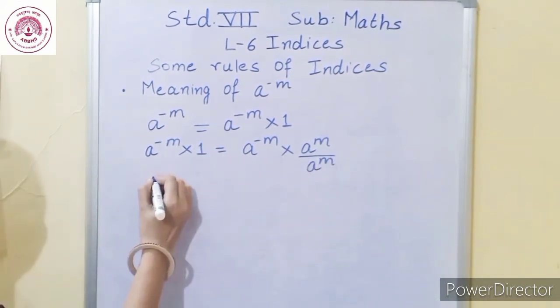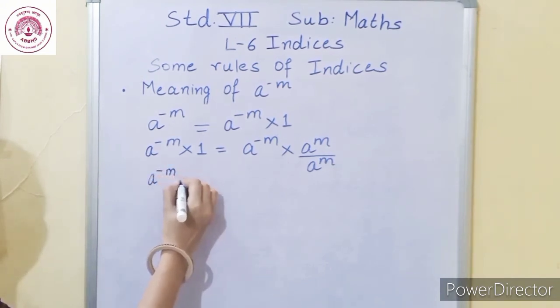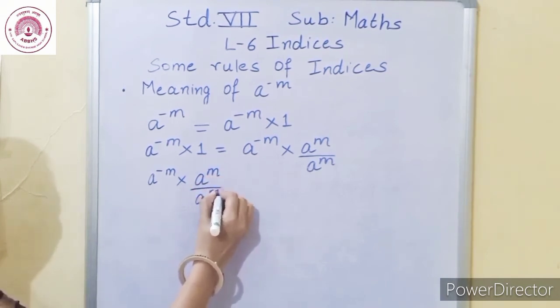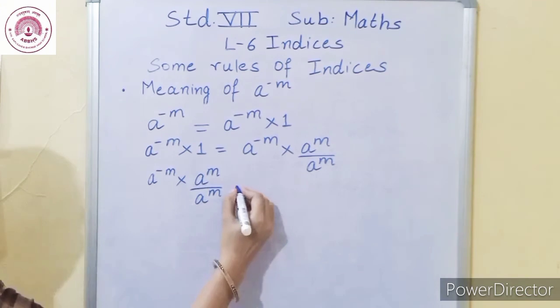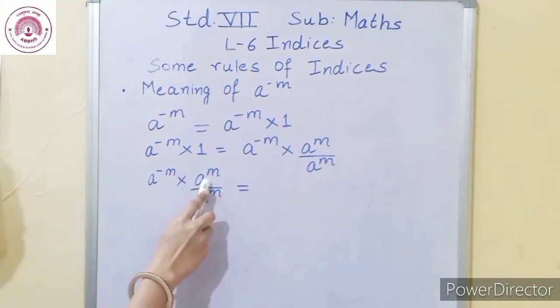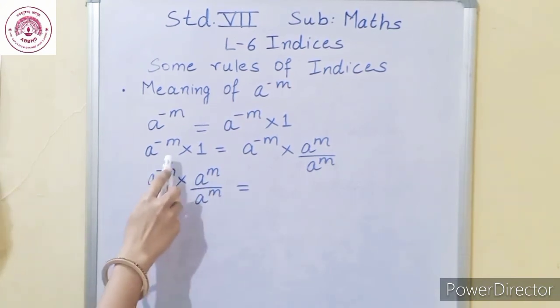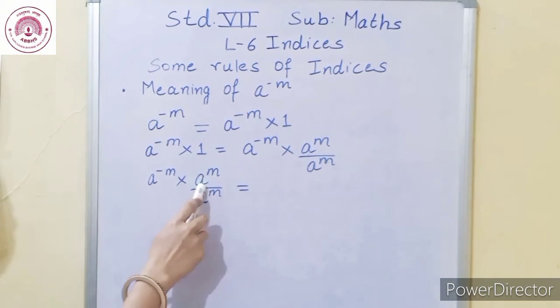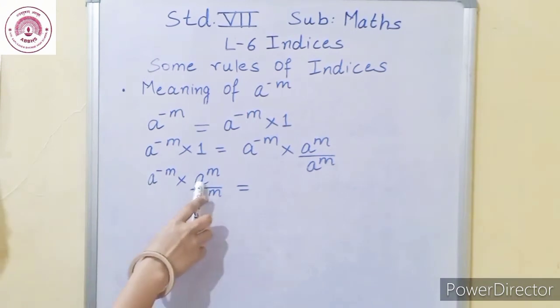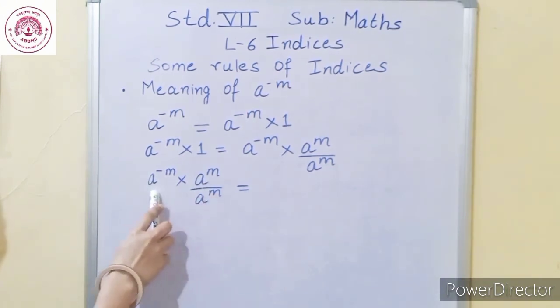Now, a raised to the power minus m multiplied by a raised to the power m upon a raised to the power m. You can see now these two index forms, that is a raised to the power minus m multiplied by a raised to the power m, are in multiplication. While multiplying indices having the same base, that is a here, you can see in both the index forms the base is the same, that is a.